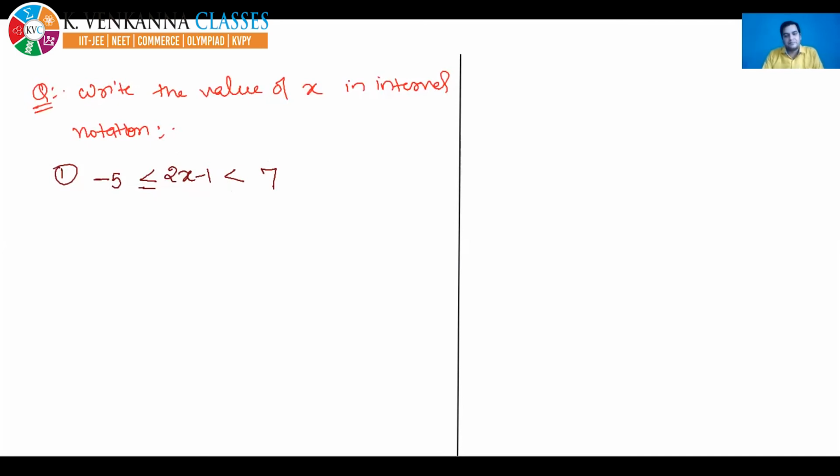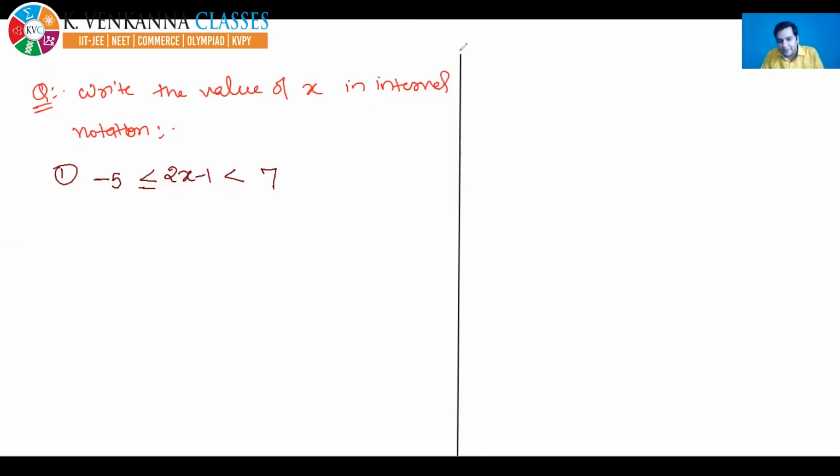Very simple. Waiting for your answer. Please quickly. If you are not able to put closed or open in the chat box, then no problem. You can just write the interval, and later on you can put open or close.